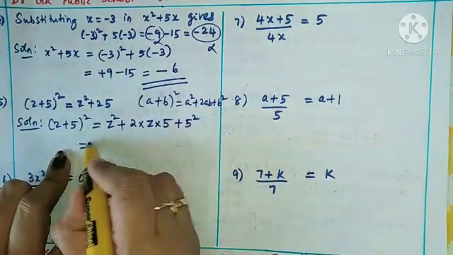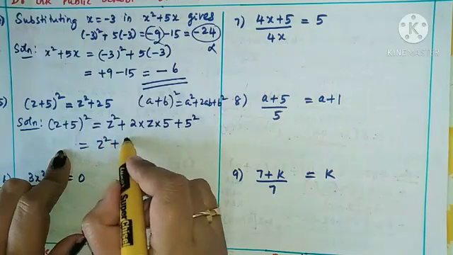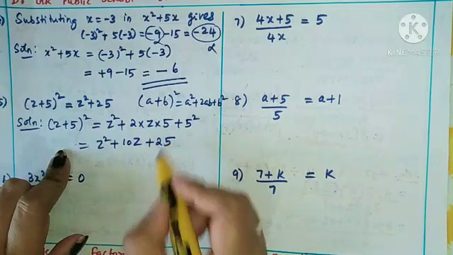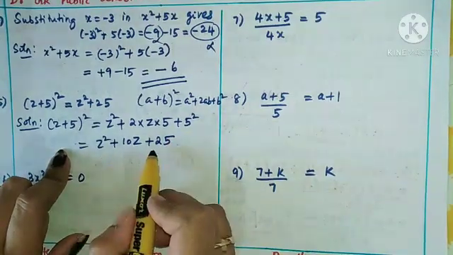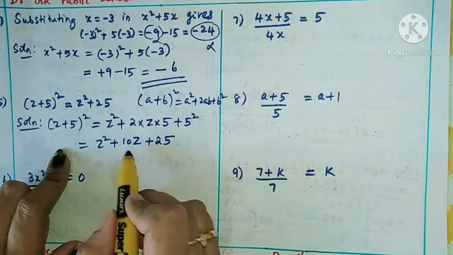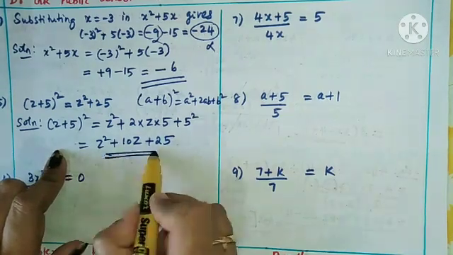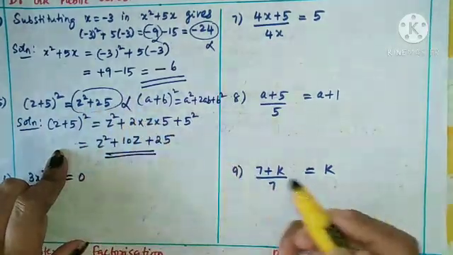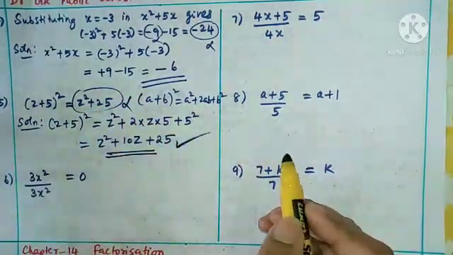So that is equal to z² + 10z, 2 into 5, 10z, plus 25. So the correct answer is z² + 10z + 25, and the given answer, z² + 25, was wrong. This is the correct answer.